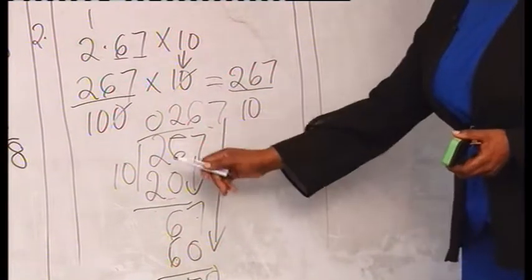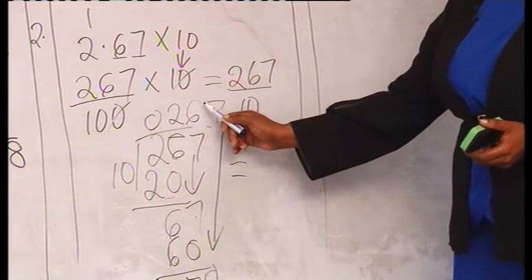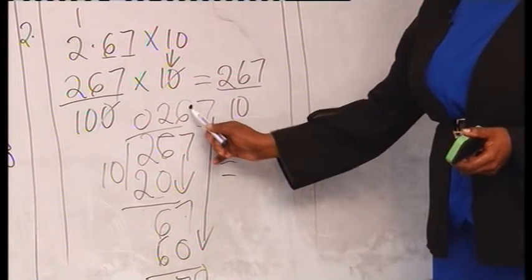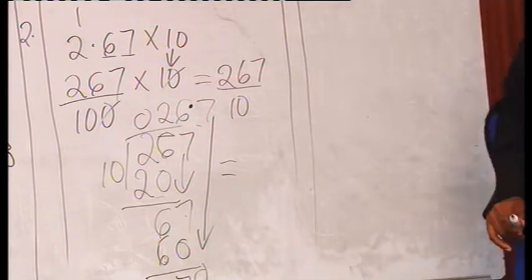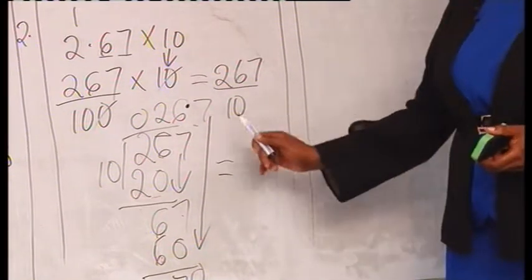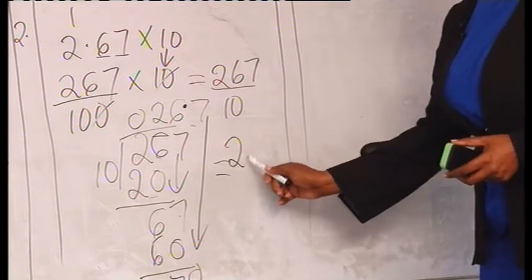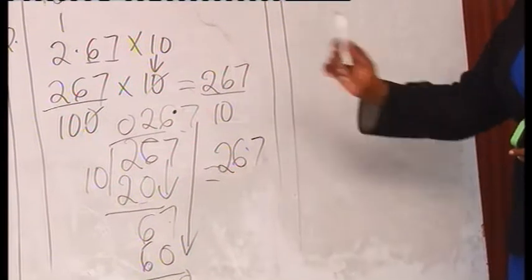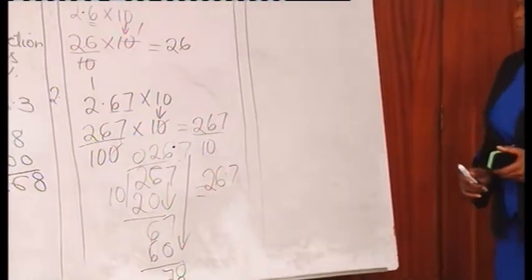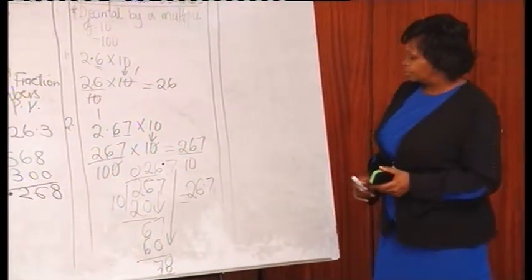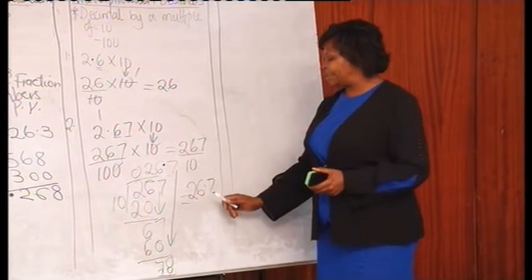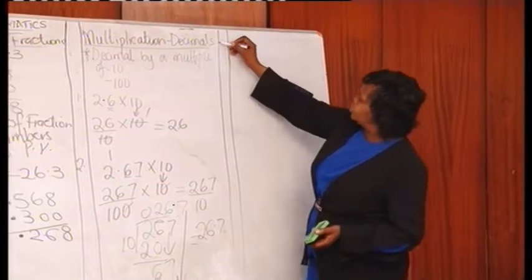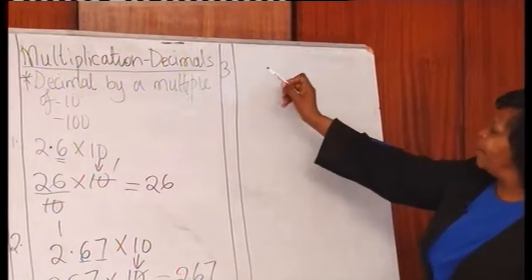Sorry, I forgot to say that before you drop, you must put a decimal to show that you're adding another place. So that the answer will be now 26.7. 26.7 is the same as 267 over 10.